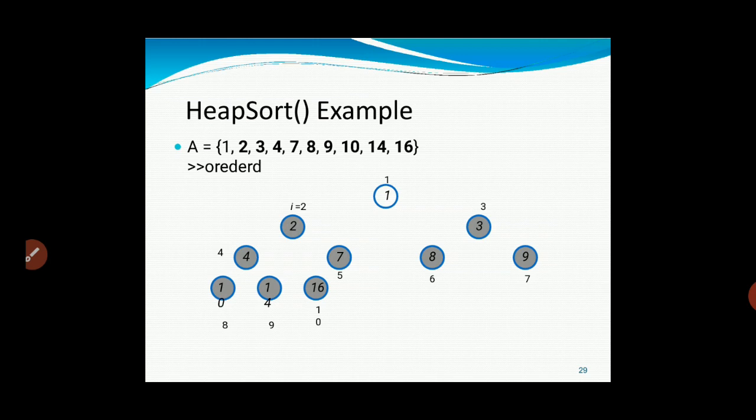Okay, that means before that, one thing you have to know: first you have to construct a heap, and then after constructing the heap tree you heapify. You heapify in the max heap or min heap, as you know.